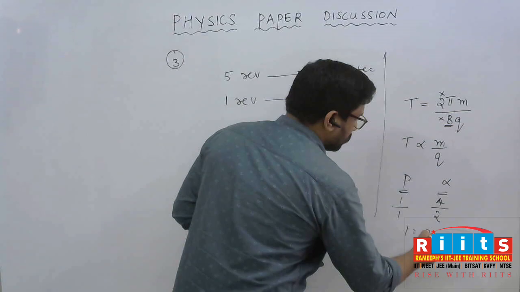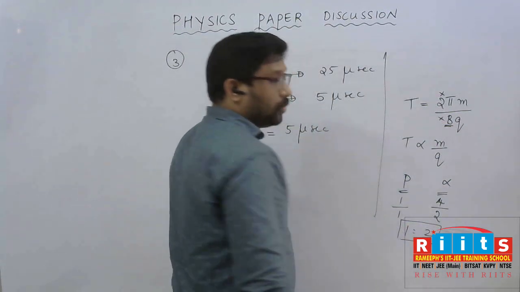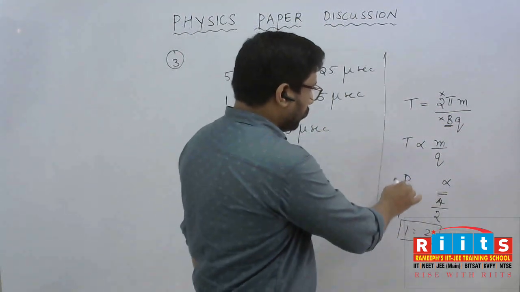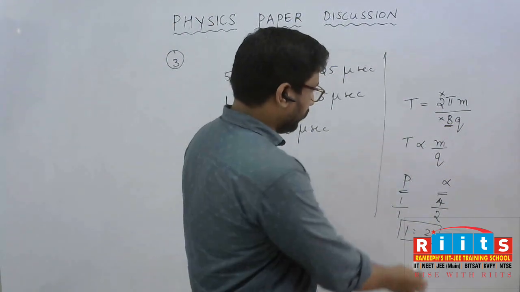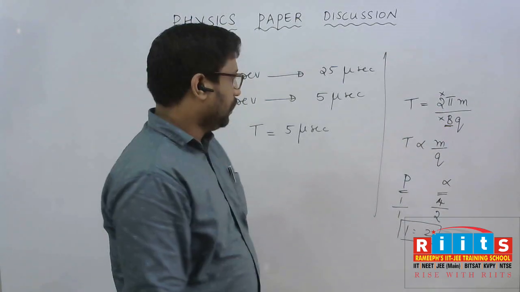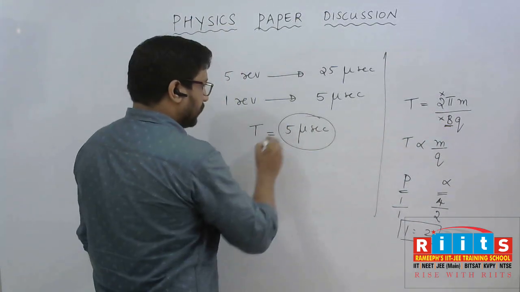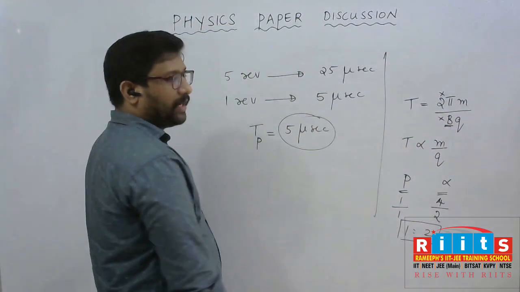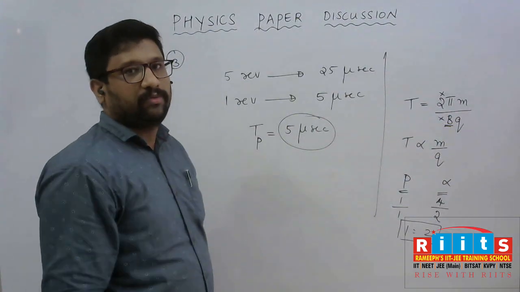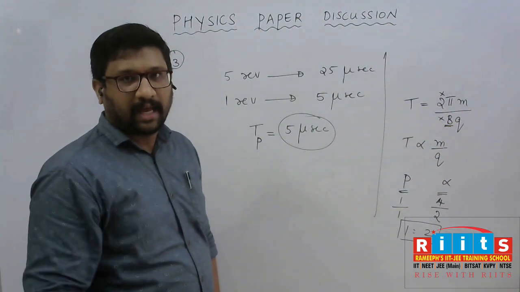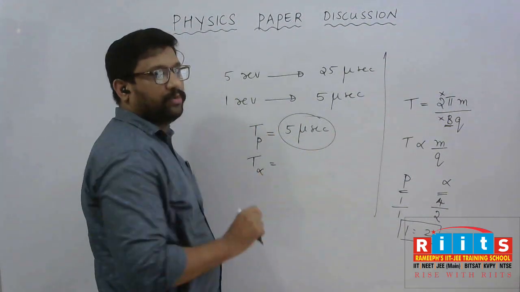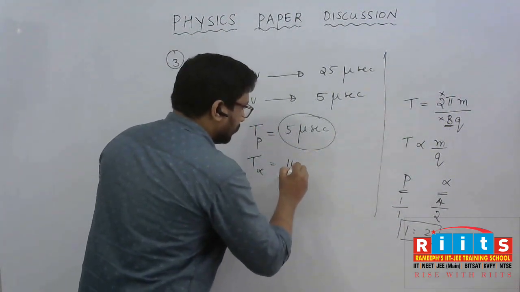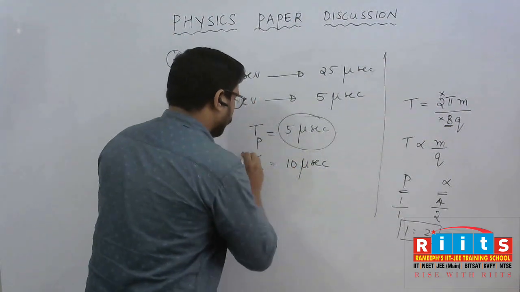So the ratio is 1:2. The time period ratio of proton and alpha particle entering a uniform magnetic field is 1:2. If the proton is taking 5 microseconds, 2 times the proton's time will be taken by the alpha particle. So the time period of the alpha particle is 2 times 5 microseconds, nothing but 10 microseconds, which is the answer.